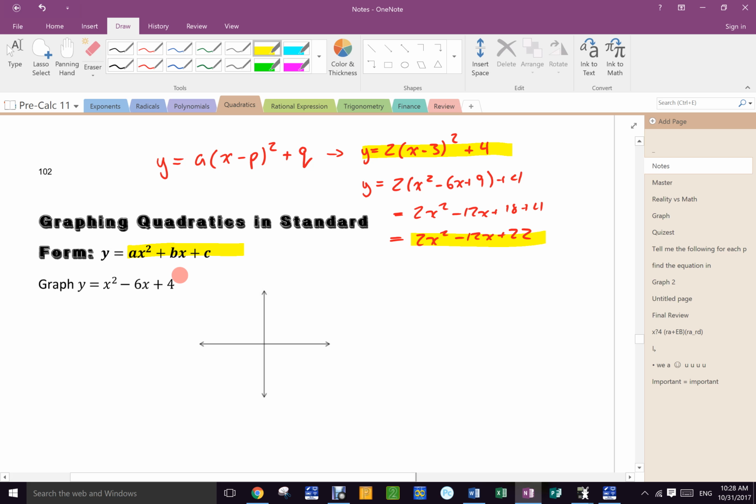Could you? Sure. If it looked like this, you could find the vertex and you would know the stretch, wouldn't you? Okay. So what have we learned in this unit that makes something like that look like that?